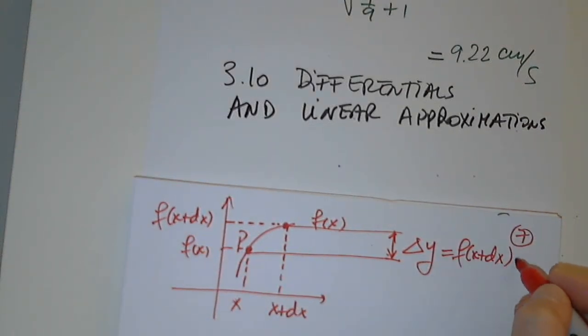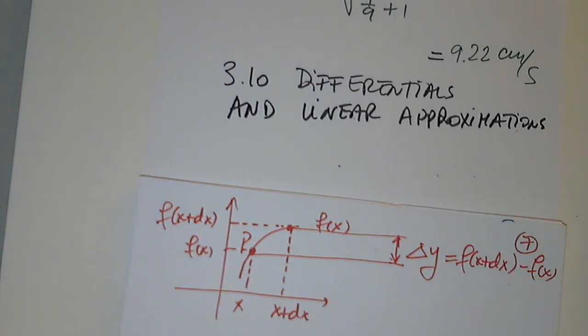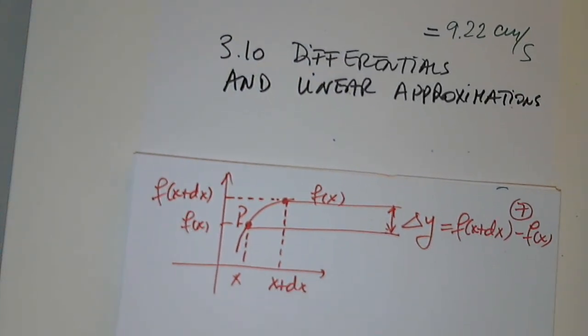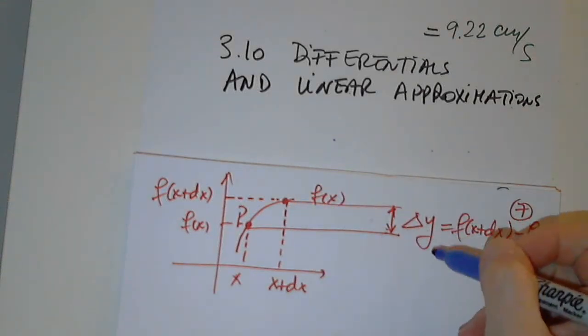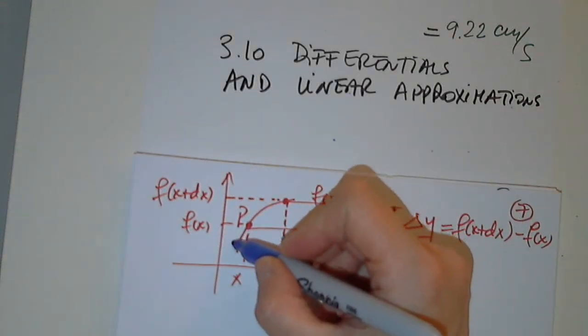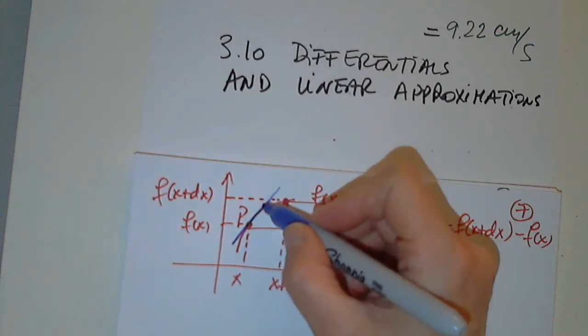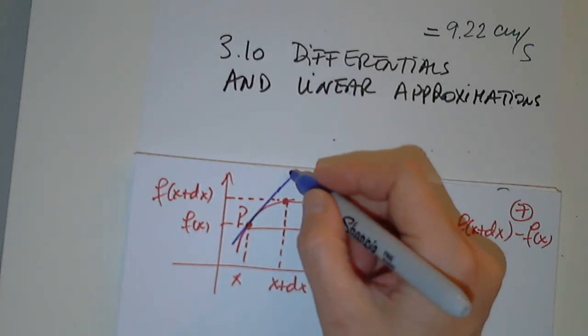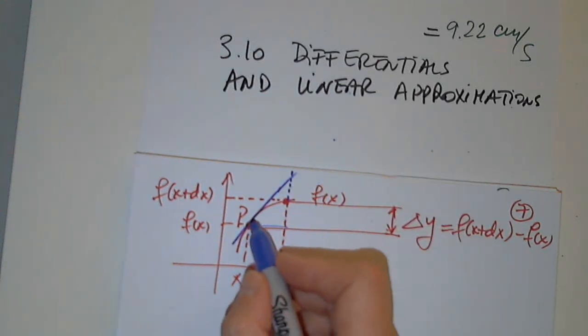All the same from last time. But this time we said, is there a way of approximating this exact change? And here is the way. We drew the tangent at P and created a right triangle.